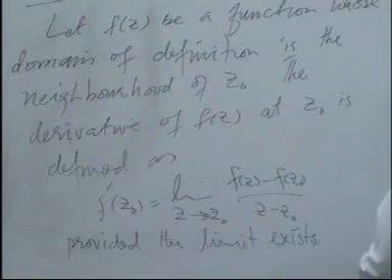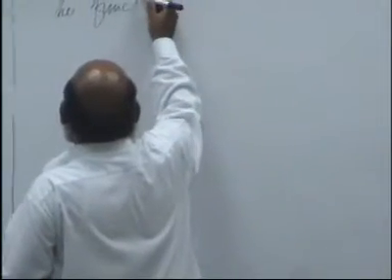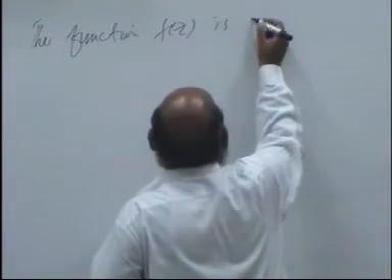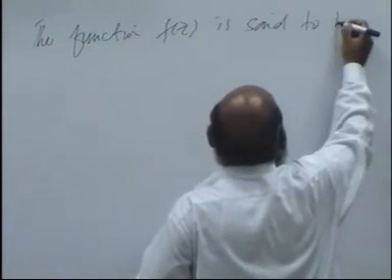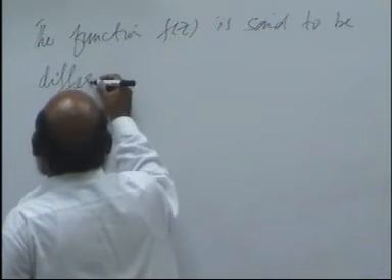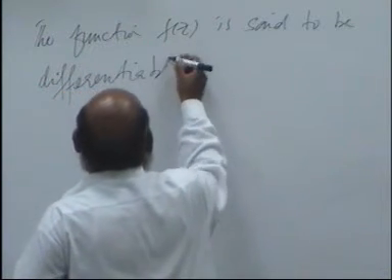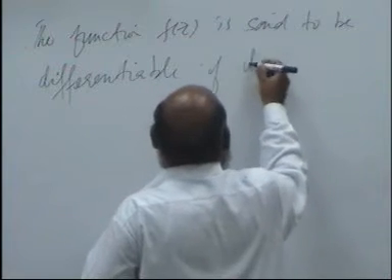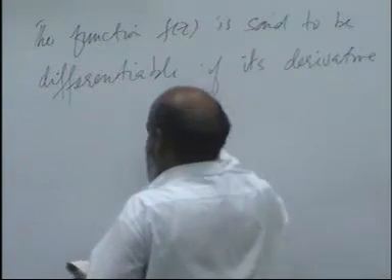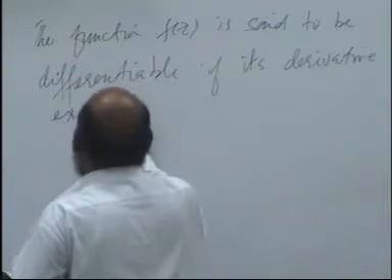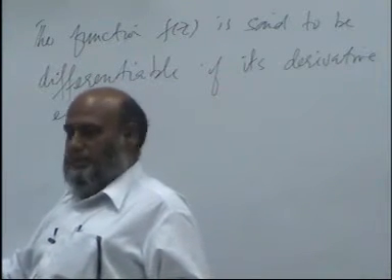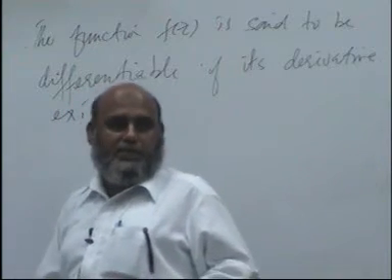The function f of z is said to be differentiable if its derivative exists. If this derivative exists, then this function is said to be a differentiable function.